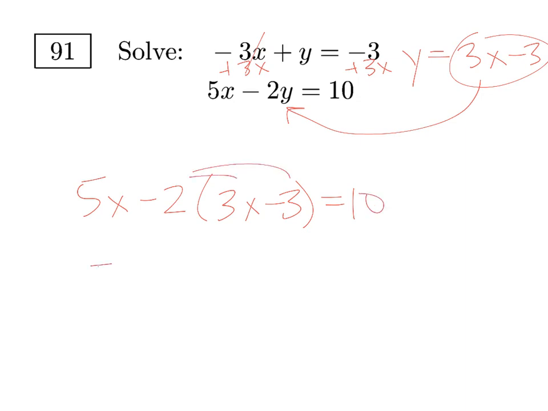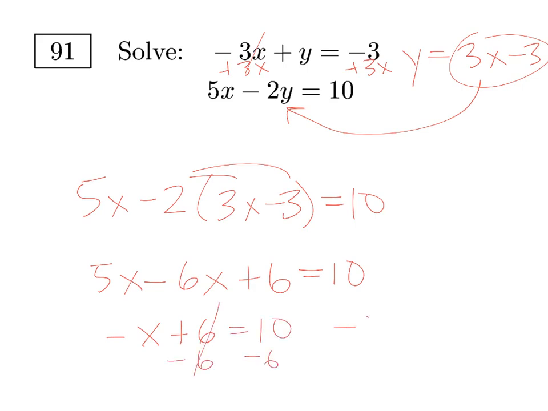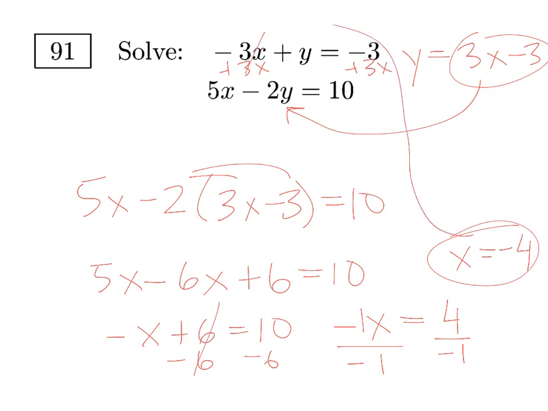All right, distribute, and I get 5x minus 6x plus 6 is equal to 10. Then I get negative x plus 6 is equal to 10. Subtract 6. I get negative x is equal to 4. Divide by negative 1. And x is equal to negative 4. All right, that's one of my values. I'll take that and plug it in here.